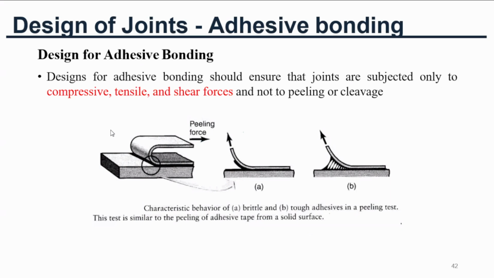Here you can see some design considerations. When designing adhesive bonding, the joint configuration should ensure that the applied load acts primarily in compression, tension, or shear. Adhesive joints should avoid loading conditions that cause peeling or cleavage, as the stress can easily lead to premature bond failure.